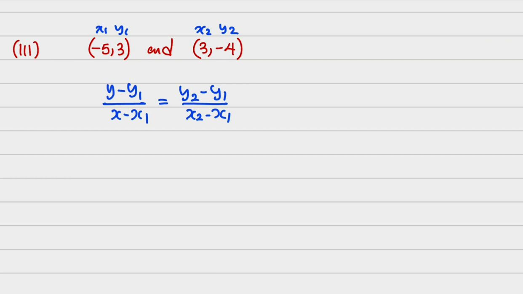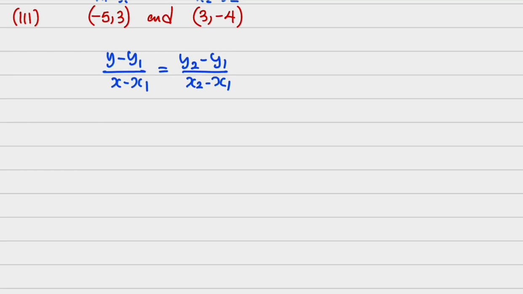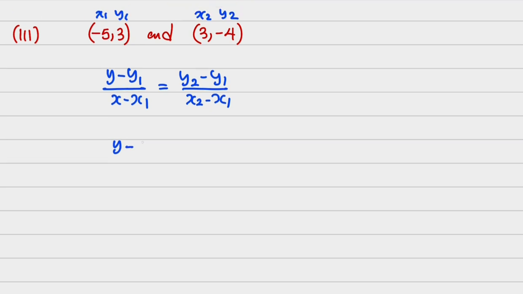You can actually do this vice versa; you will still have the same answer at the end of the day. So this is (y − 3)/(x − (−5)) = (−4 − 3)/(3 − (−5)).